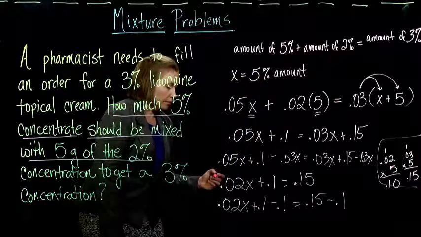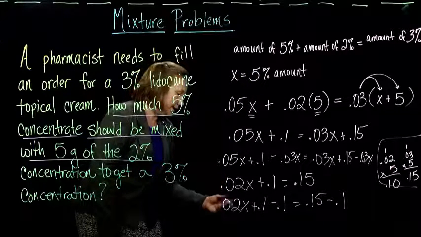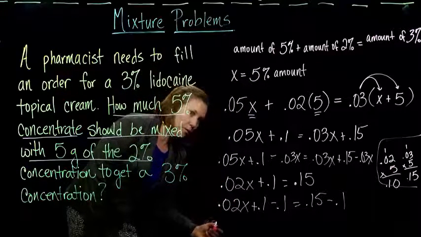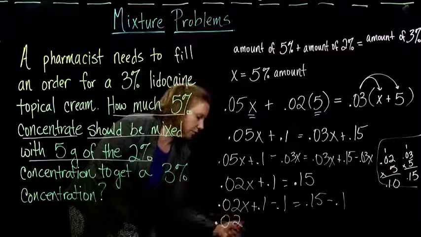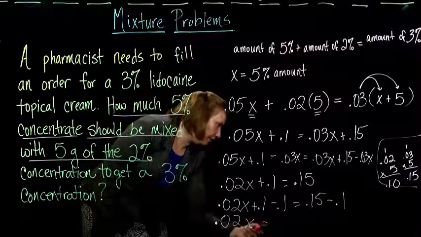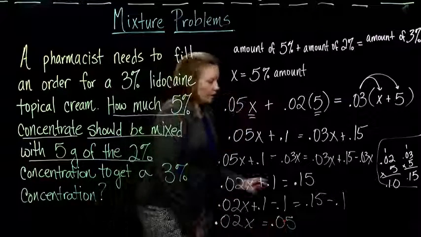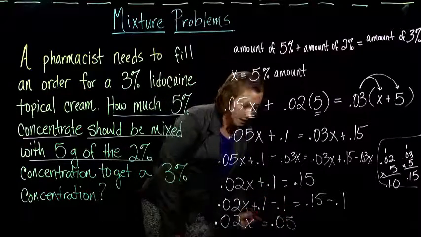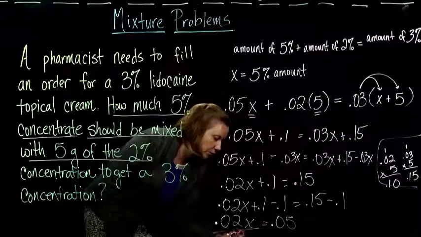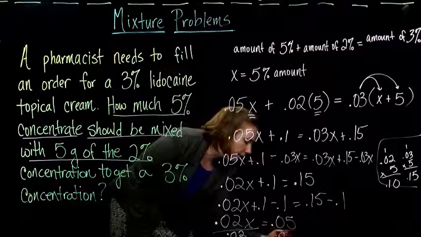All right, and so I end up with 0.02x equals 0.05, and then divide on both sides by 0.02 to get the x by itself.